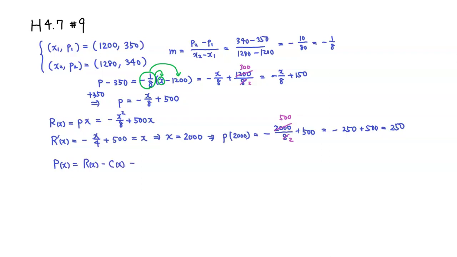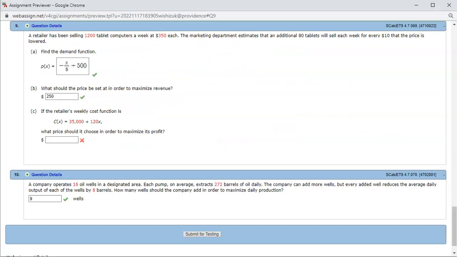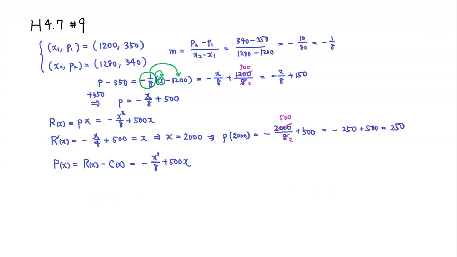Revenue function we already have: negative X squared over 8 plus 500X. And the cost function is 35,000 plus 120X. So minus 35,000 minus 120X. Right? So you subtract the cost function.